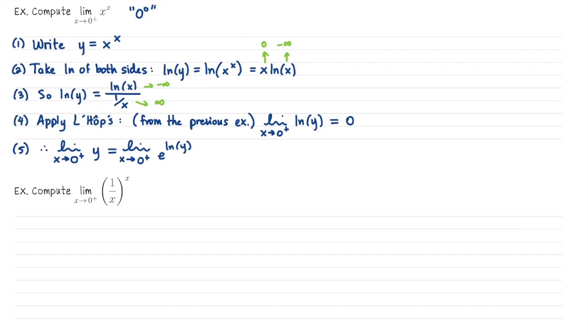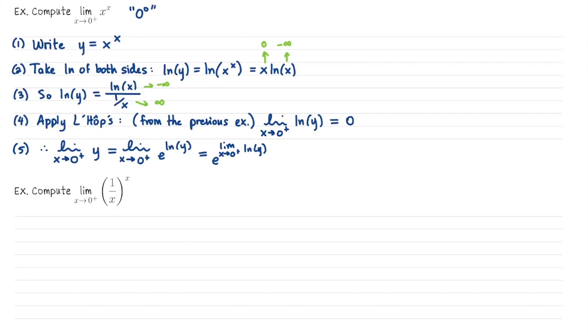So if that inner limit exists, e is continuous. I can essentially pull it outside of the limit and think of this limit as e to the limit as x goes to 0 from the right of natural log of y. Right, so this is something you can do when you compose continuous functions, in particular when the outer function is continuous and the inner function has a limit.